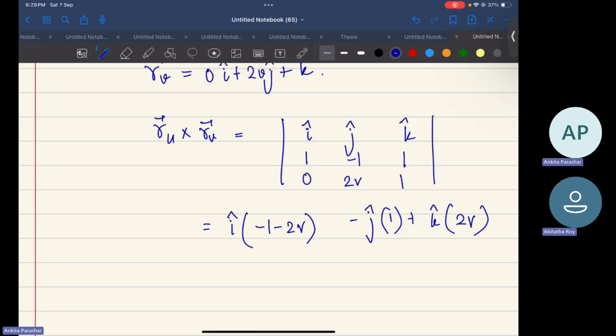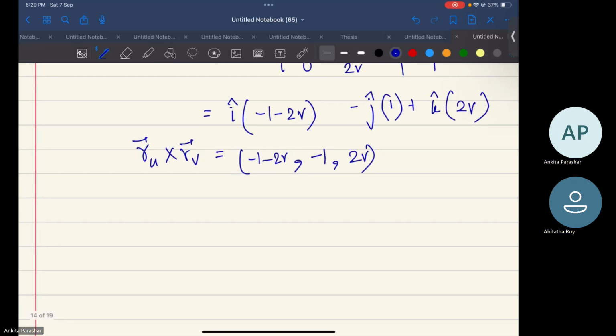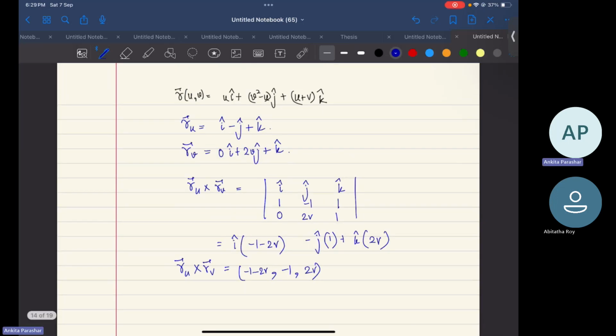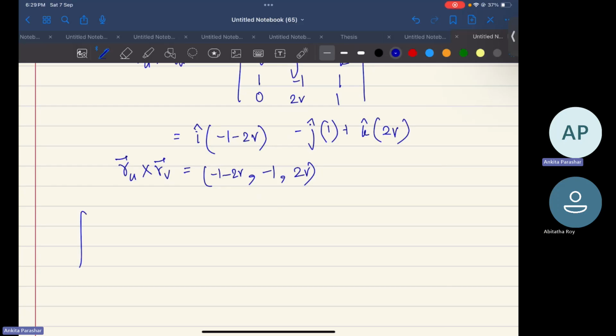Yeah, this is correct. So I'll write the vector R_u cross R_v is nothing but minus 1, minus 2v, minus 1, 2v. Is that okay? Yeah, it's okay.